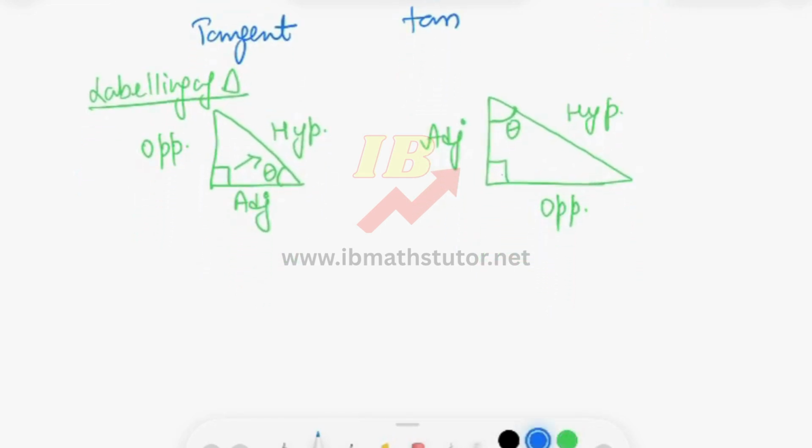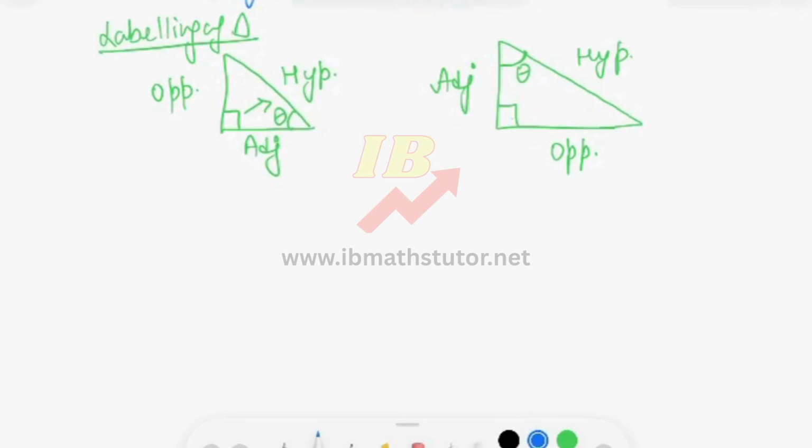Now I'm coming back to SOHCAHTOA. Again I'm rewriting these ratios. Your sine theta is the ratio you find with respect to the angle theta, which is equal to opposite over hypotenuse, right?